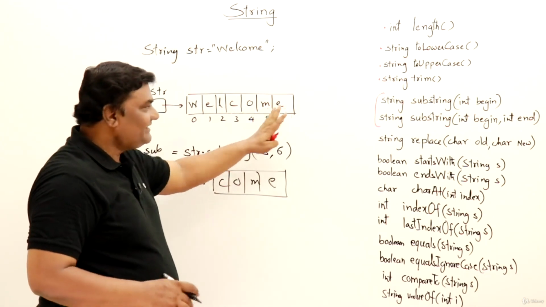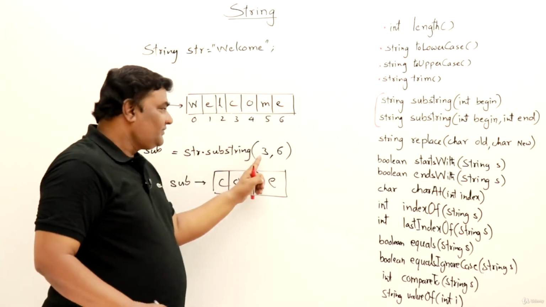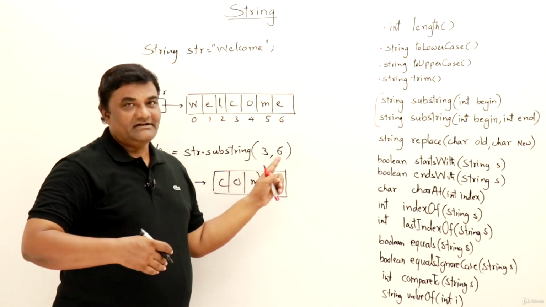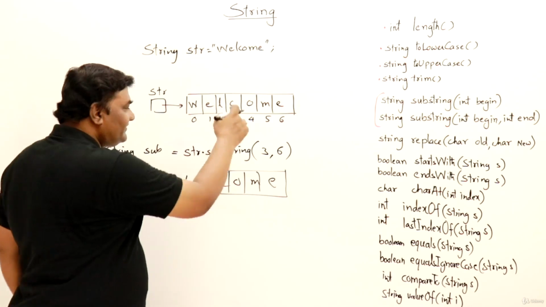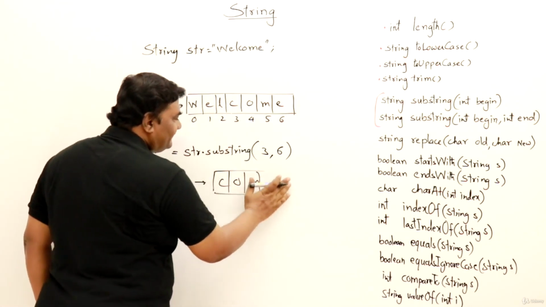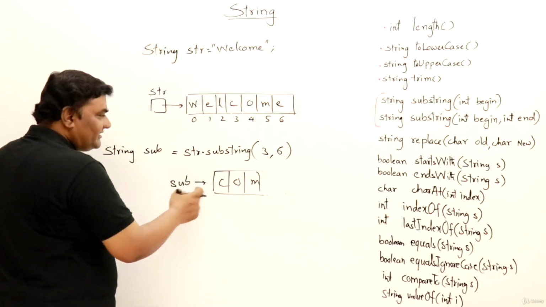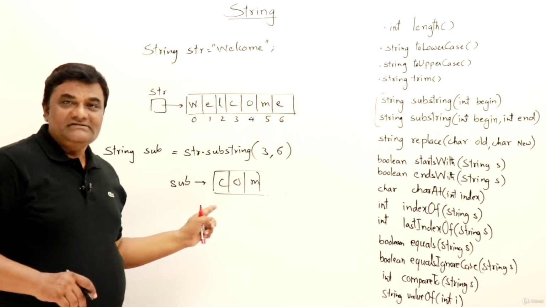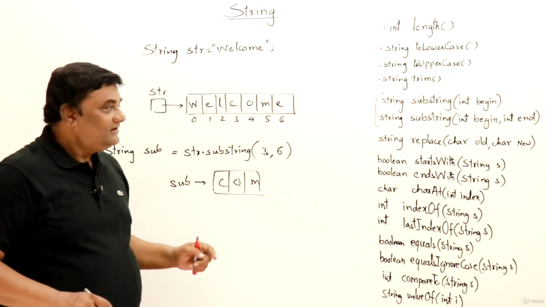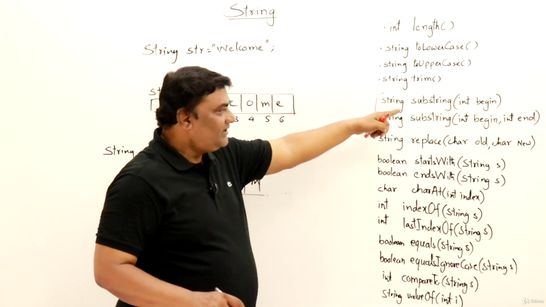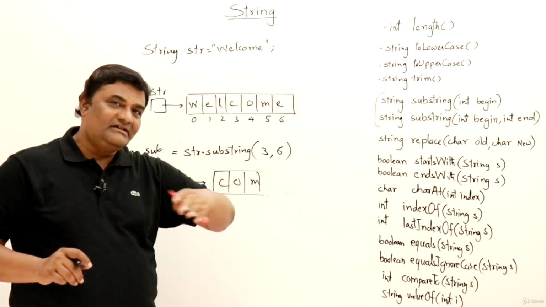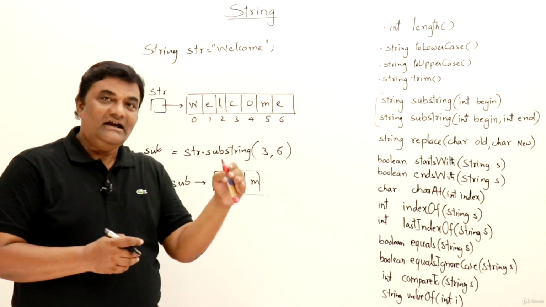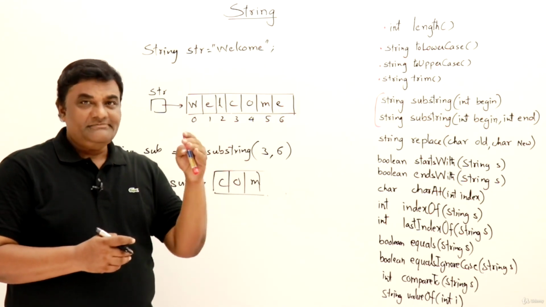So 3, 4, 5, and at 6 it will stop. We have to give the starting point and where it has to stop taking the substring. So the result will be COM, just COM. A new substring, which is a type of string only, will be given. So we have seen both methods. One takes just the starting index till the end of the string. The second takes the starting index and ending index, and that will be ending index minus 1.